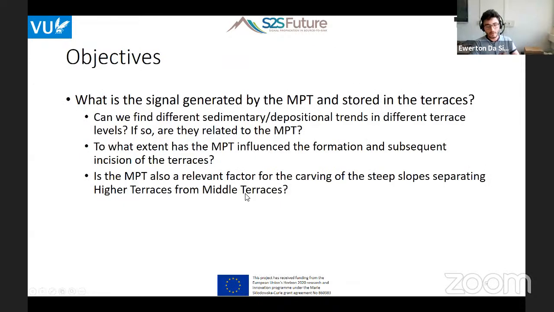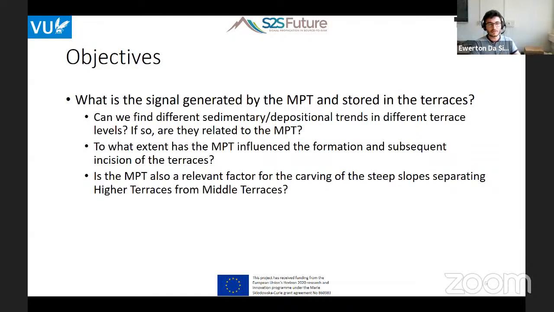So with this significant transition in climate, we expect to find an environmental signal stored in the Meuse terraces. Therefore, one of our main questions is, what is the signal generated by the mid-Pleistocene transition and how can we identify it? So what could be the signal?